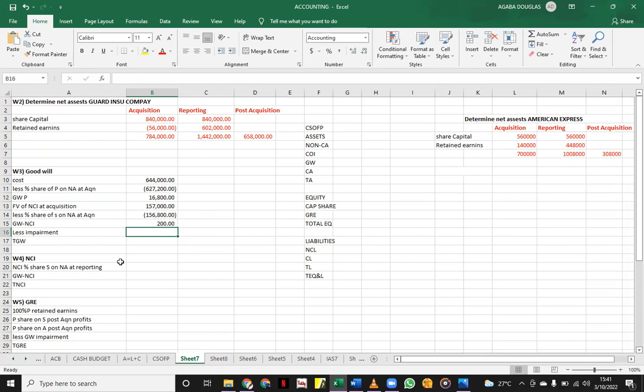Remember, they told us that our subsidiary did not have an impairment, so we will not less anything. That means we'll have our total goodwill as the goodwill for the parent plus the goodwill for the NCI, and we'll have 17,000 as our total goodwill.